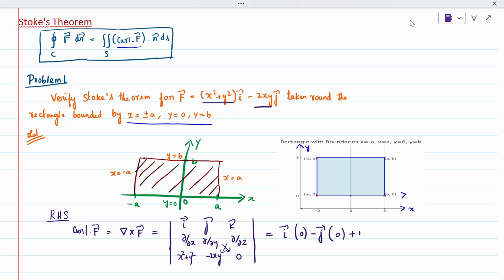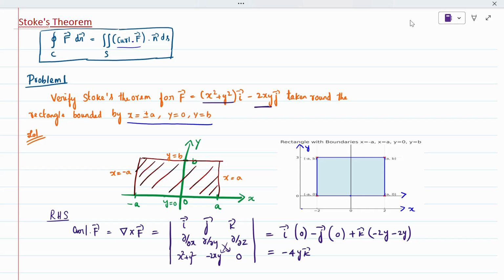For k vector, differentiating this with respect to x gives minus 2y, and minus of this differentiated gives minus 2y. So I am getting the answer minus 4y k vector. So curl F is calculated.